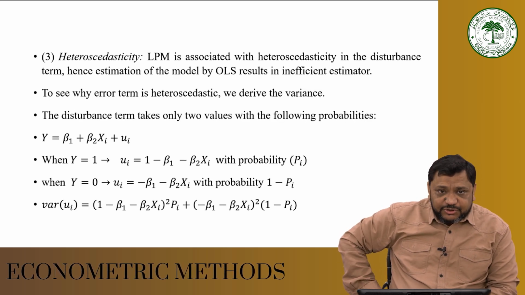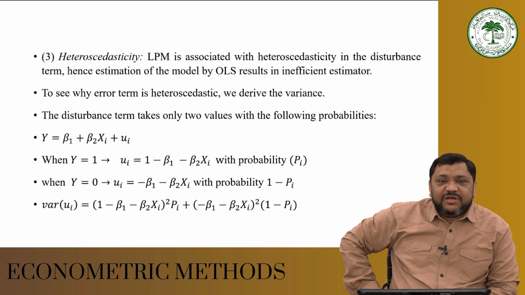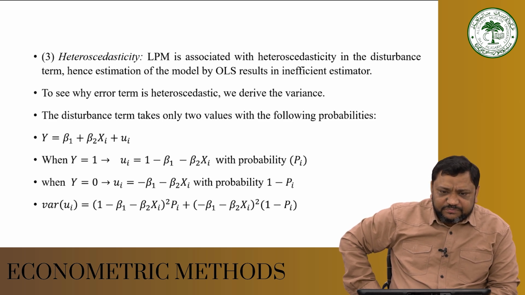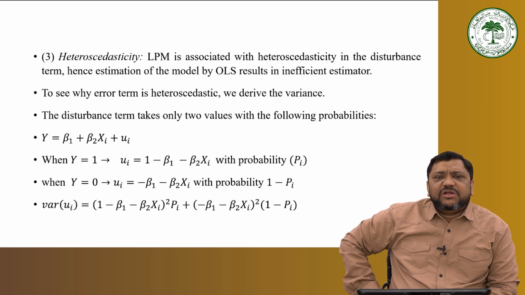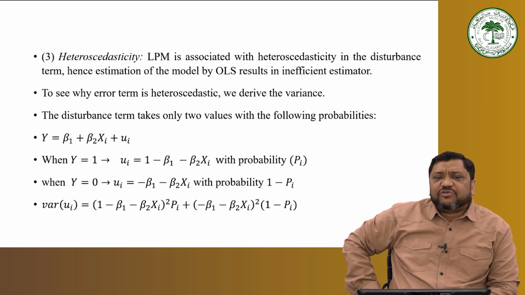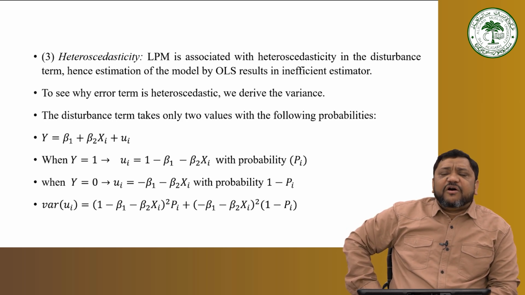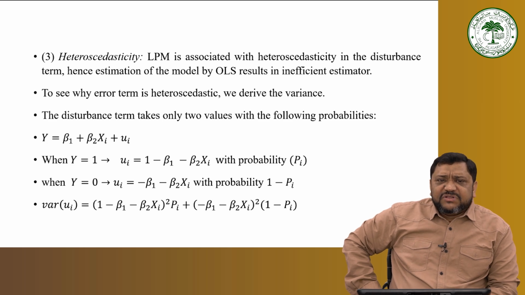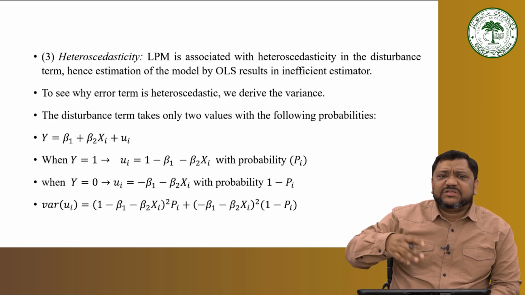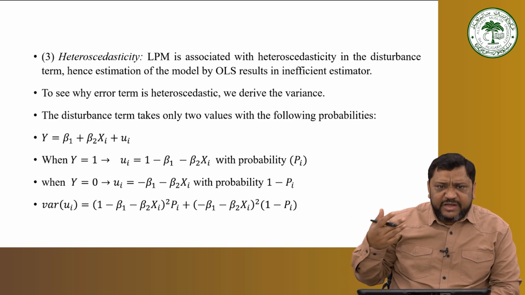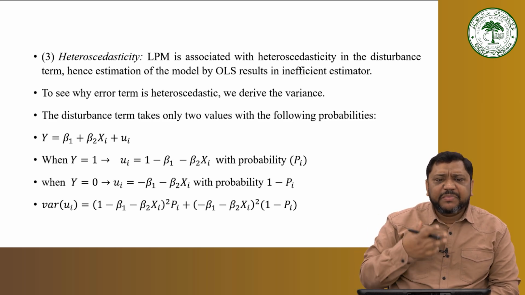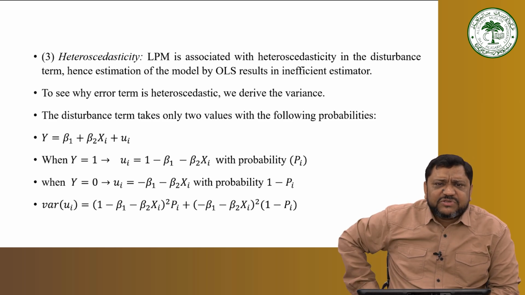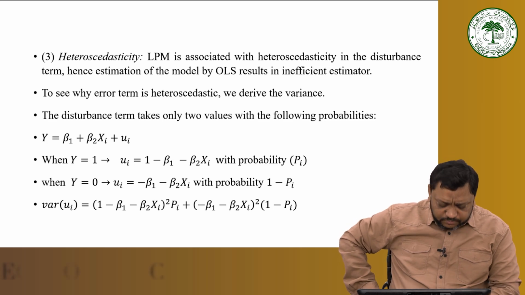Then a major issue again is heteroscedasticity. The linear probability model is associated with the problem of heteroscedasticity in the disturbance term, which means that the amount of error varies, and our OLS estimator becomes inefficient. It is no longer BLUE.